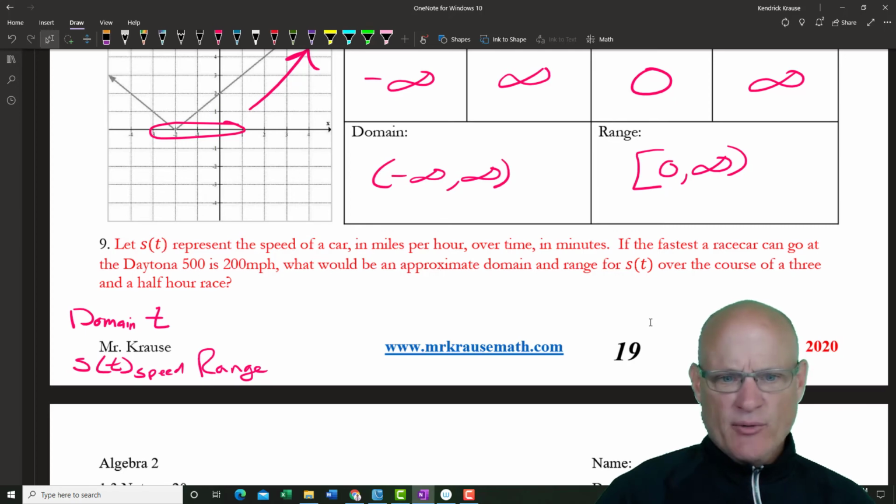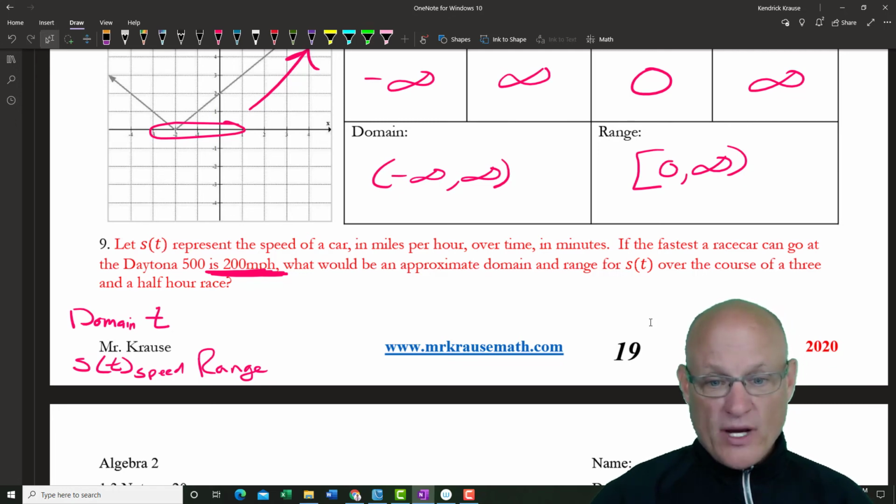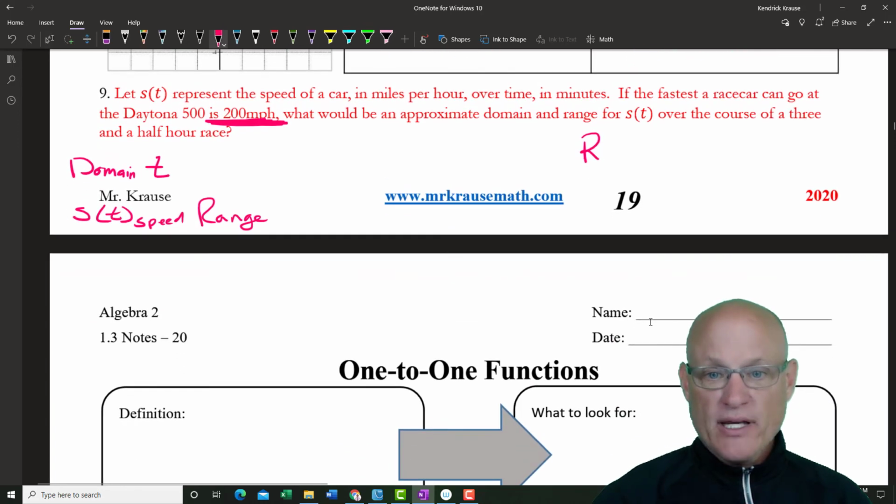All right, so let's see how we got here. Fastest they can go in it. So my speed, the fastest I can go is 200 miles an hour. So my range, which is speed, my range, when I start the race, I'm going 0. It tells me the fastest I can go is 200 miles an hour.